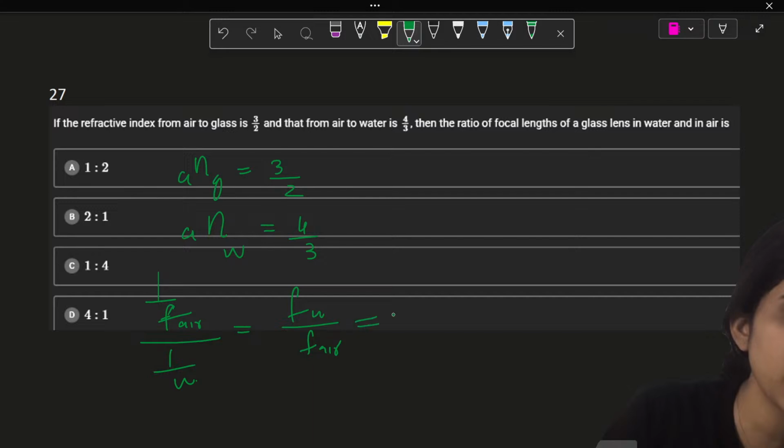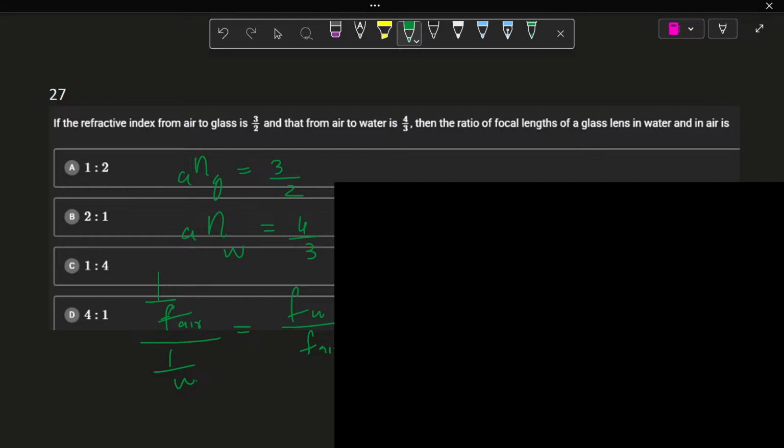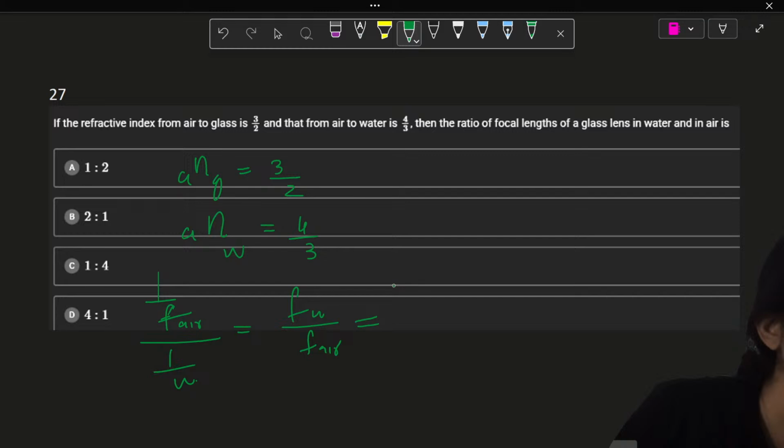So f of water is how much? F of water by f of air. So is it water and glass, no? Yeah. Okay. Yeah, this is similar to chapter 10.